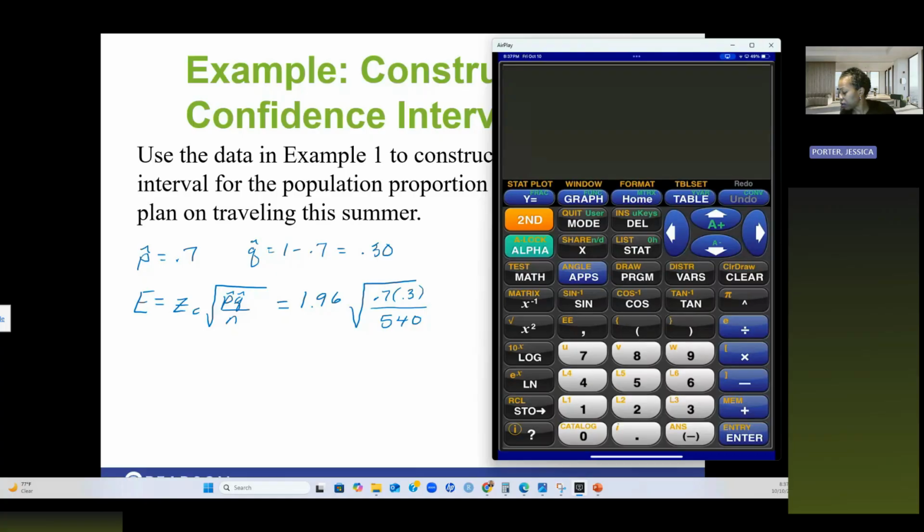So 1.96 times the square root of 0.7 times 0.3 divided by 540. I think that's right, as it follows our order of operations. So 0.039.